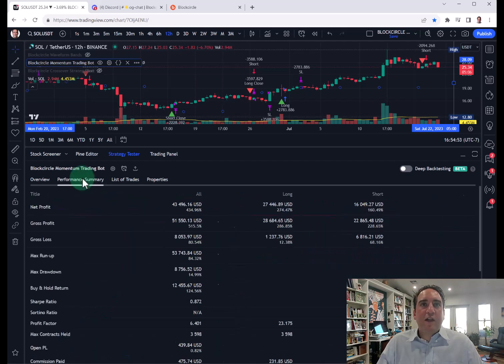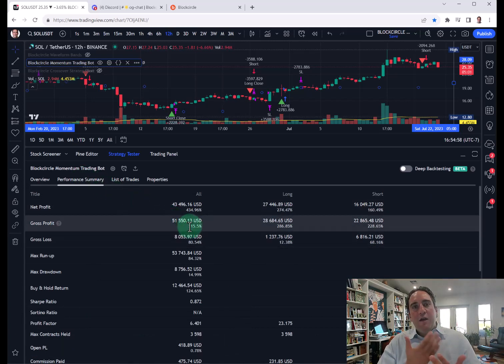So now let's look at the actual performance relative to buy and hold, because you always want to compare the profit of a particular trading configuration to a benchmark. And the benchmark in this case is a buy and hold. So had you bought Solana in January of this year and held it until July 20th, which is today, how would that trade have fared?